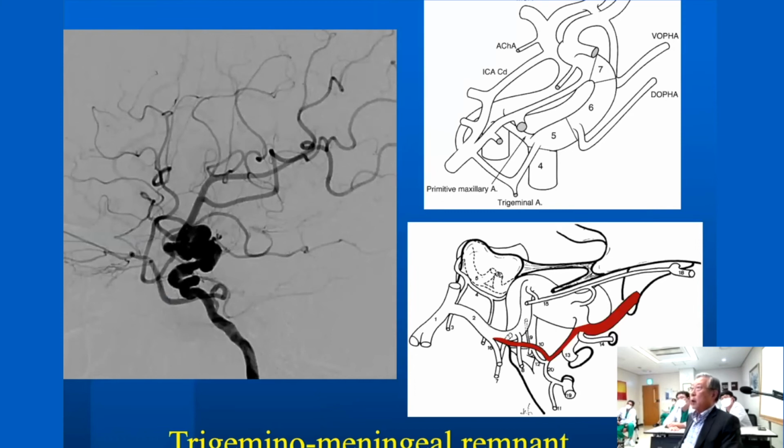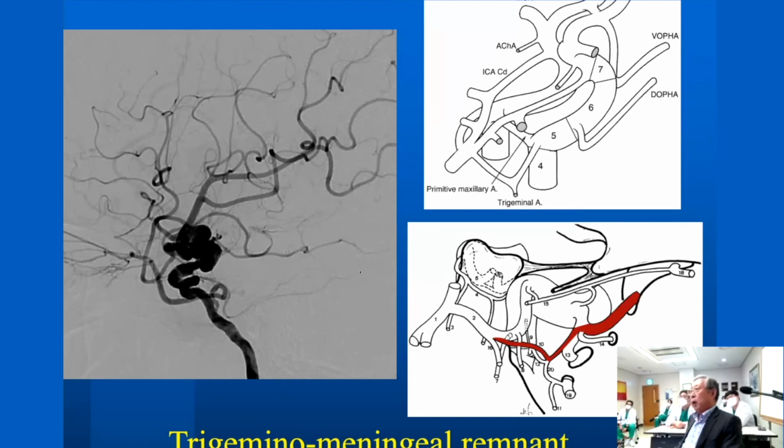What I think is happening is this is the pathway. This is the trigeminal artery. The main trunk of this is the trigeminal artery, because a branch goes backward, and you can see the separating branches. The other branch is connecting to the middle meningeal artery, and then going through the inferolateral trunk connection, again the dorsal ophthalmic artery.